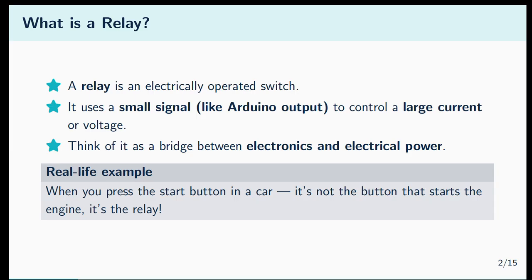You can also see a real-life example: when you press the start button in a car, it's not the button that starts the engine, it's a relay. So a relay, in simple terms, is an intermediate device that takes a signal from the microcontroller and controls very big things like cars, heavy engines, motors, and all that stuff. Motors usually take a large amount of current.